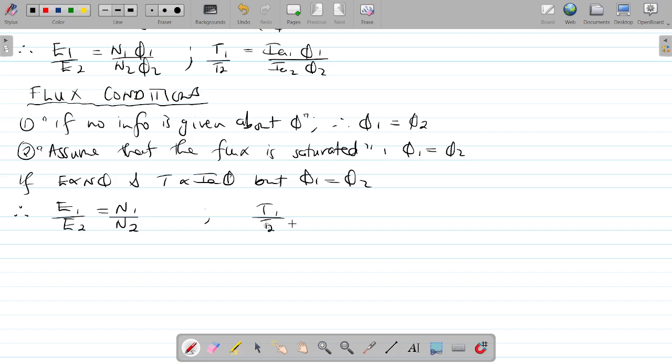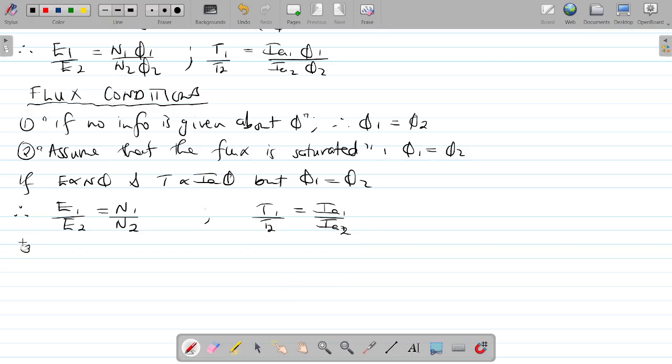And even the formula for torque, you don't need to substitute flux, because if you're saying flux 1 is the same as flux 2, they cancel each other out. So eventually this section of the formula, you will not need it, only because those values are the same. So we will not include it at all in our formula. So that's how it works.